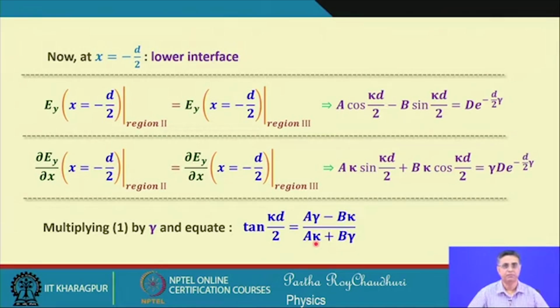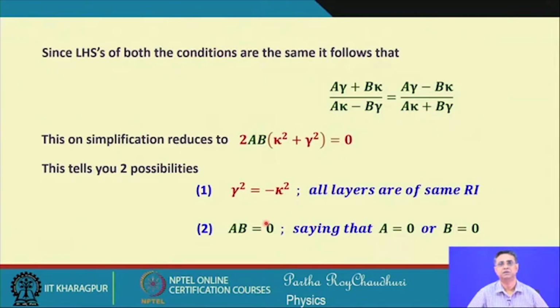So, tan kappa d by 2 will become, with b equal to 0 put in, gamma by kappa. So, tan kappa d by 2 will be equal to gamma by kappa. That is the equation which comes out of the condition that b equal to 0.